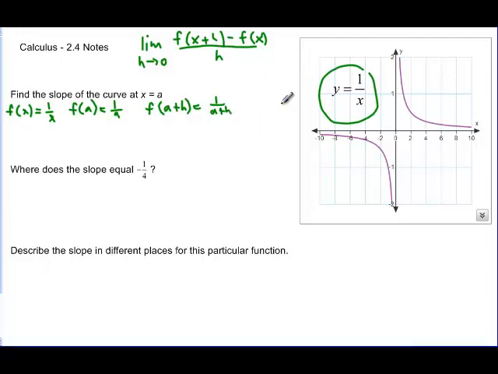So we want the limit as h approaches 0 of f of a plus h minus f of a all over h.